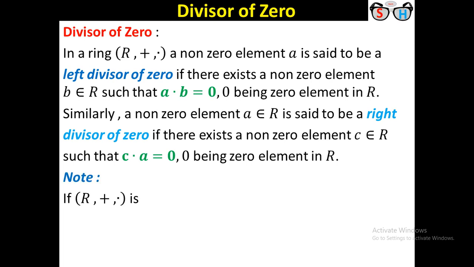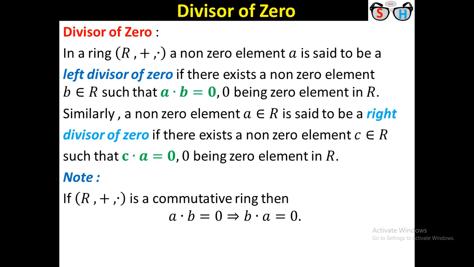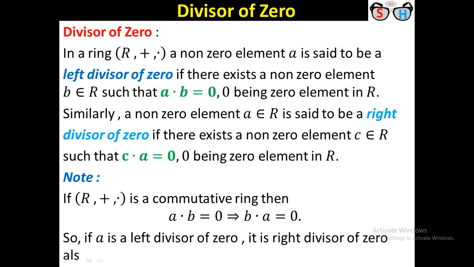Note, if R, plus, dot is a commutative ring, then A dot B equals 0 implies B dot A equals 0. Here if A and B are non-zero elements, then A will be a left divisor of 0. So if A is a left divisor of 0, then A is also a right divisor of 0.